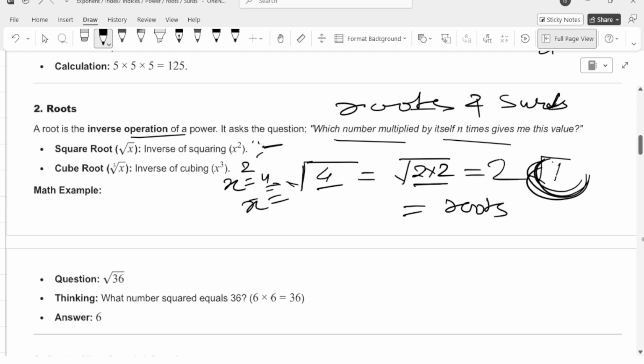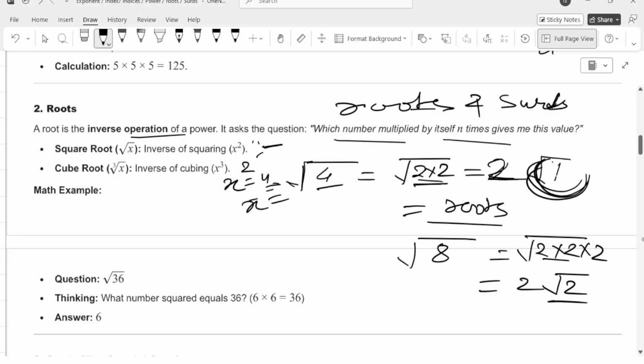I hope you understand what I'm trying to say. If there is no value under the root, for example root 4 is 2, there is no root form. That is roots. For example, root 8 is 2 into 2 into 2, with 2 outside, and here root 2 is an irrational number. If any number remains in root form, that we call surds. I discuss all the problems on surds elsewhere.